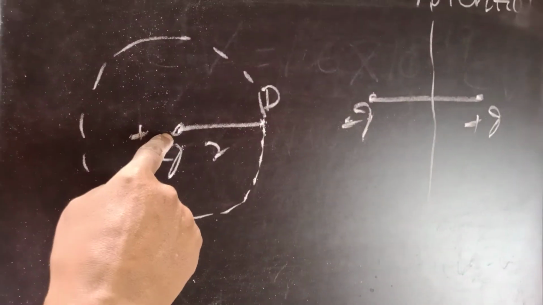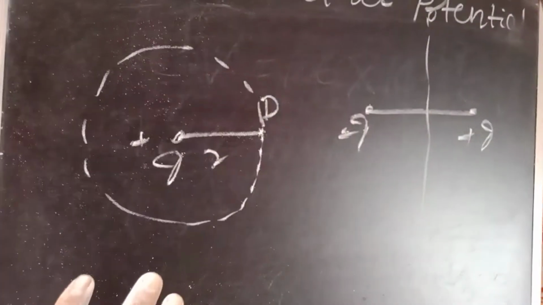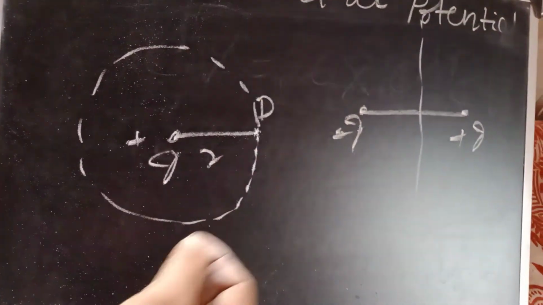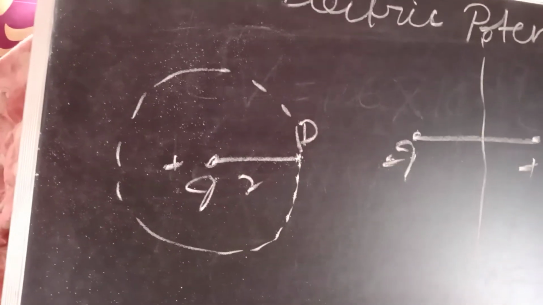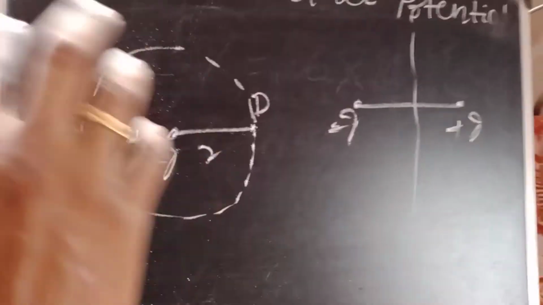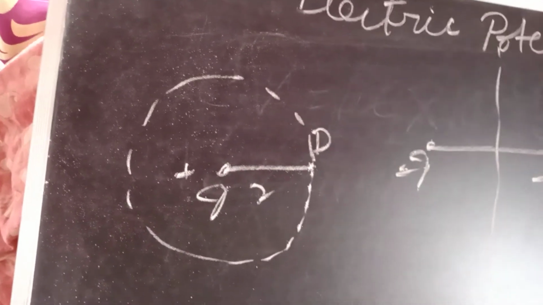At any point on that sphere the distance from the charge Q is the same, so the potential is the same. That surface is called the equipotential surface.